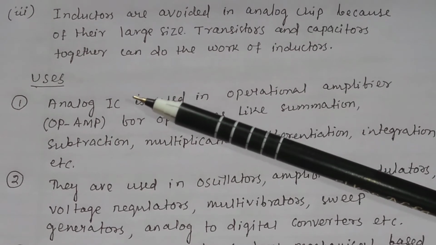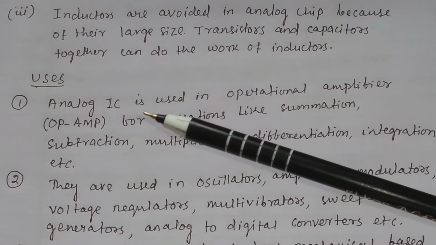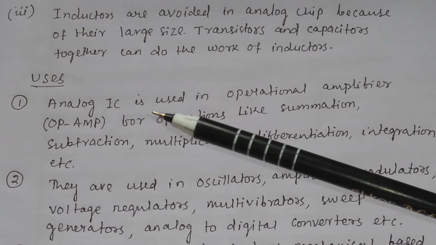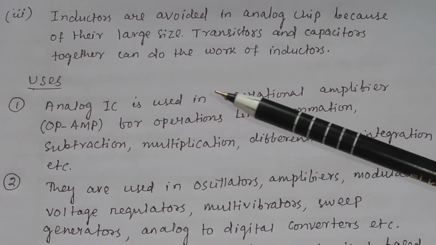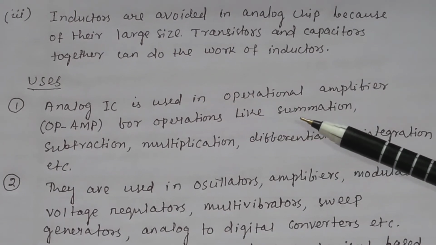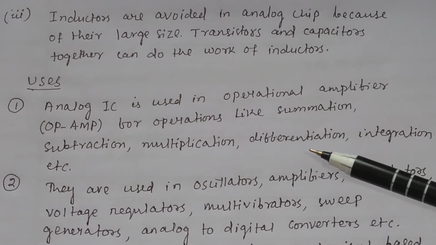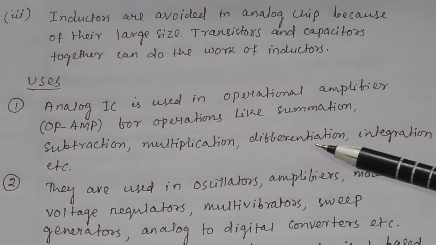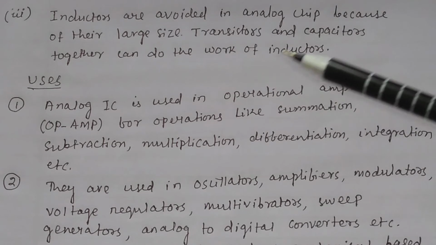What are the main uses of the analog chips? Analog IC is used in operational amplifiers. For operations like summation, subtraction, multiplication, division, differentiation, integration, etc., we use analog IC.